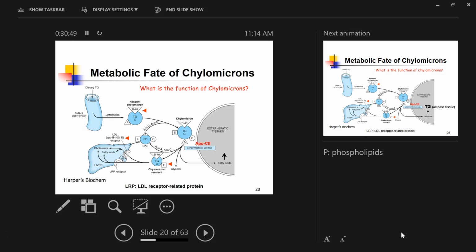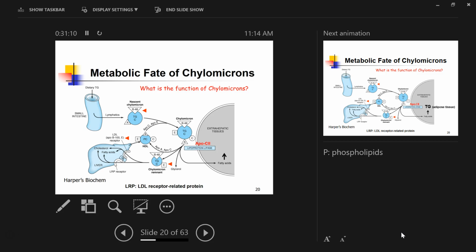And chylomicron is firstly synthesized in the form of so-called nascent chylomicron. So nascent chylomicron has the full load of lipids from the intestine, but some of the apoproteins are not ready yet.